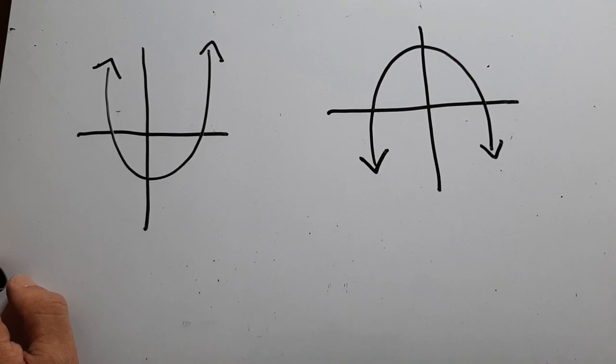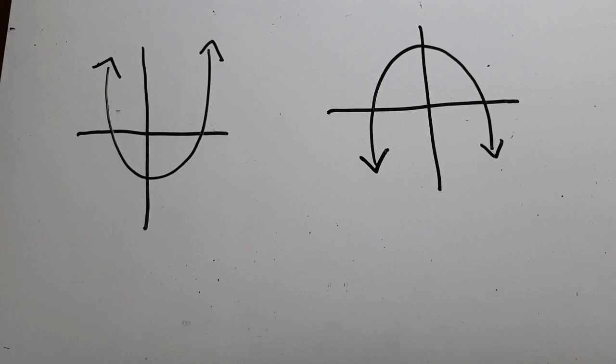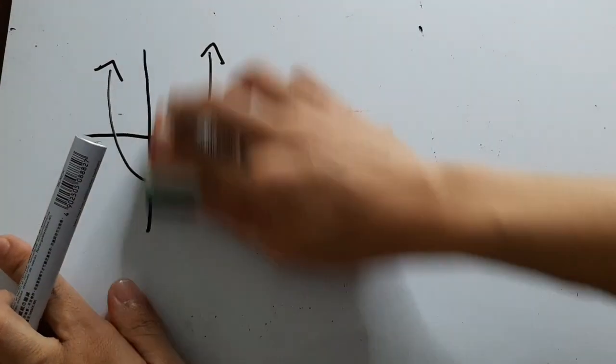Kapag ginrap natin ang particular table of values ng x and y or domain and range, doon natin malalaman na quadratic equation siya. Isa sa pinakamadaling paraan para malaman na quadratic equation siya ay yung tinatawag nating second degree function. Kapag ang ating quadratic equation ay meron siyang exponent na 2, malalaman natin na ito ay quadratic equation agad.